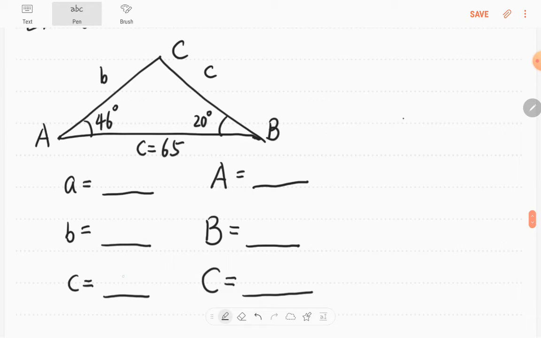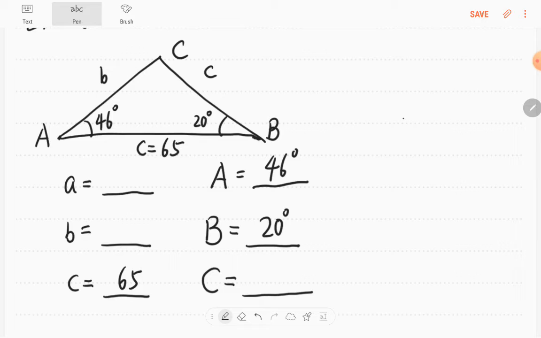Side C equals 65, and angle A equals 46 degrees. Angle B is 20 degrees. Okay, but if you look at this chart, there's no opposite side and opposite angle, right?